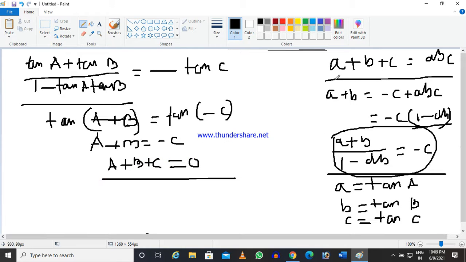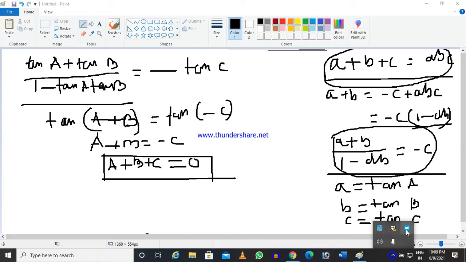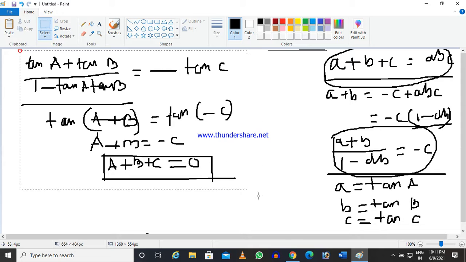So from this, if you assume small a is equal to tan A, small b is equal to tan B, and small c is equal to tan C, then we can prove that capital A plus B plus C is equal to 0. Okay, so now we have proven that A plus B plus C is equal to 0.